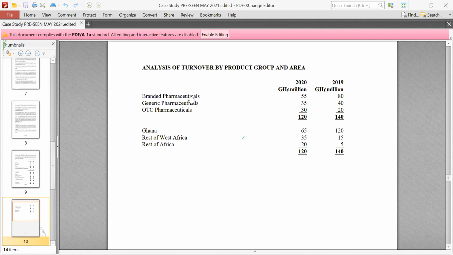If you look at branded pharmaceuticals, it declined by a whopping 25 million. Generic, 5 million. OTC went up 10 million. So this is what we were trying to discuss yesterday.